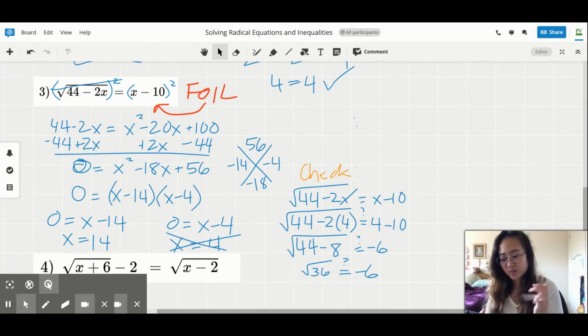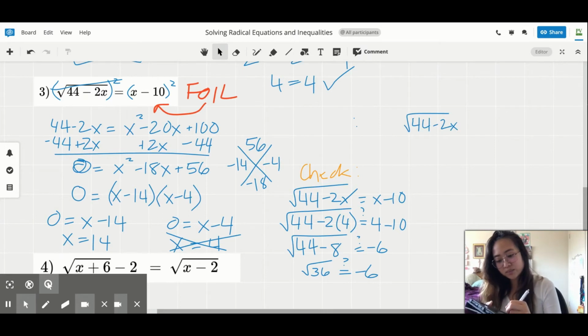And let's go ahead and do the same for 14. We have 44 minus 2 times 14. Does that equal 14 minus 10? So we have 44 minus 28.